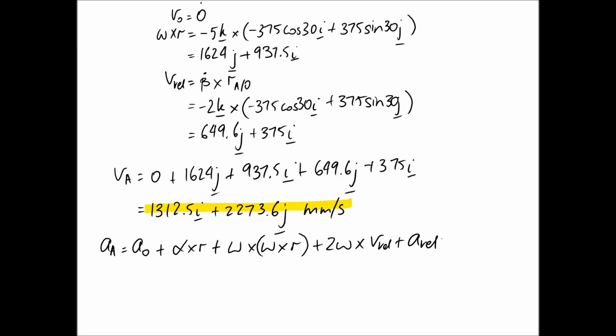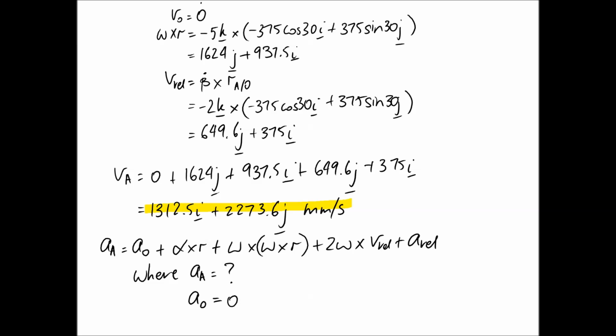That one there, quite long. Alright, so let's go through and work out each part again. So the acceleration of A is again what we're trying to find, so I'm going to leave that as a question mark. The acceleration of point O, it's going to be exactly how we justified VO up here.